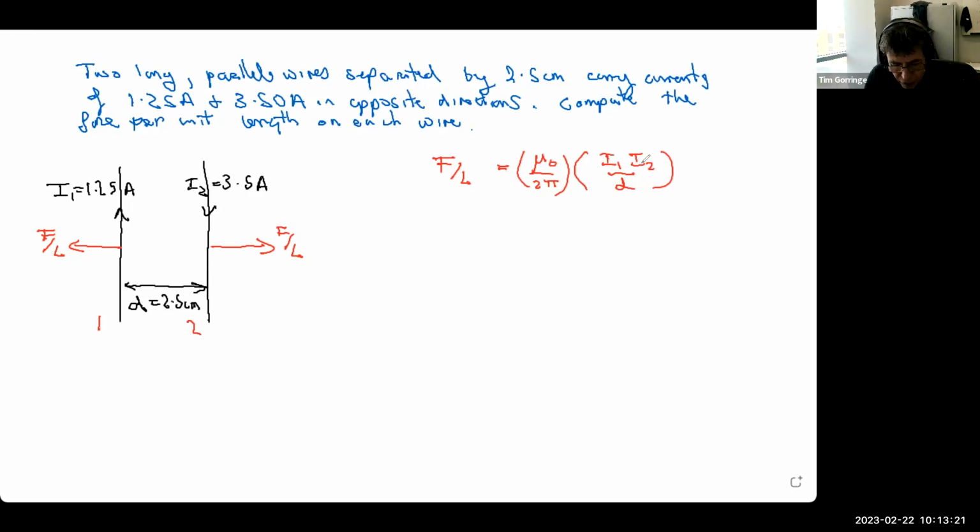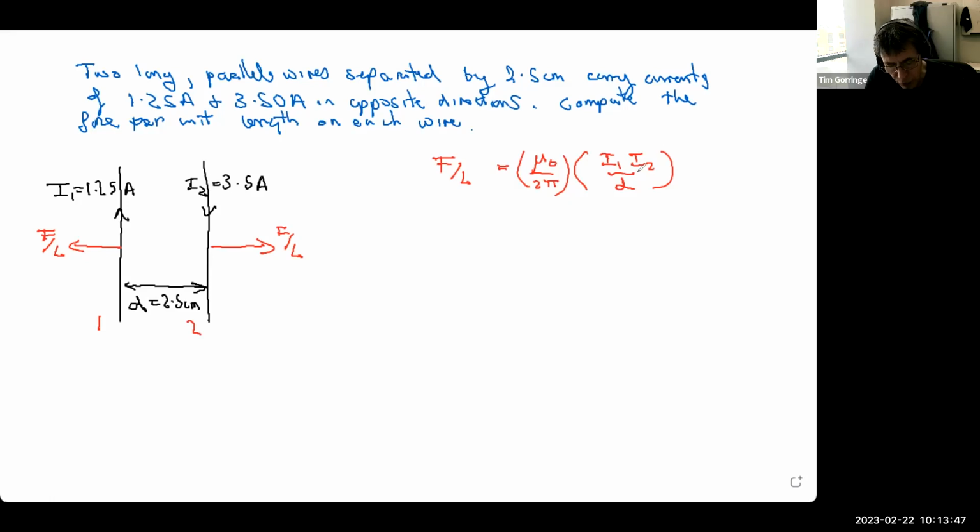And this form of the equation for force per unit length is maybe not surprising in general terms. It involves the product of the currents in the numerator. So more current in either wire means a greater force between the two wires. That makes sense. It's current that's the source of the force between the wires. So the more current, the more force.